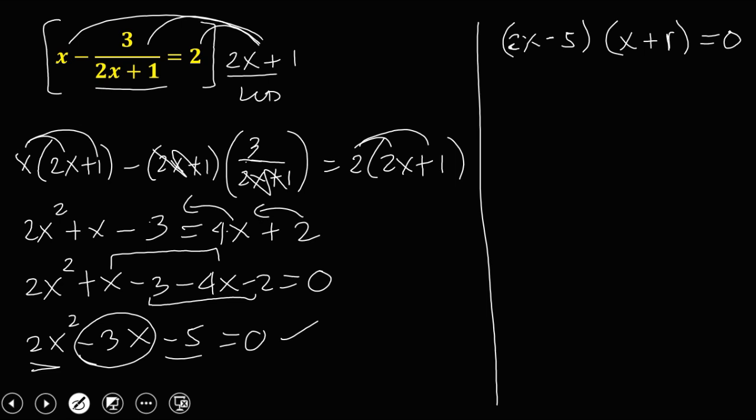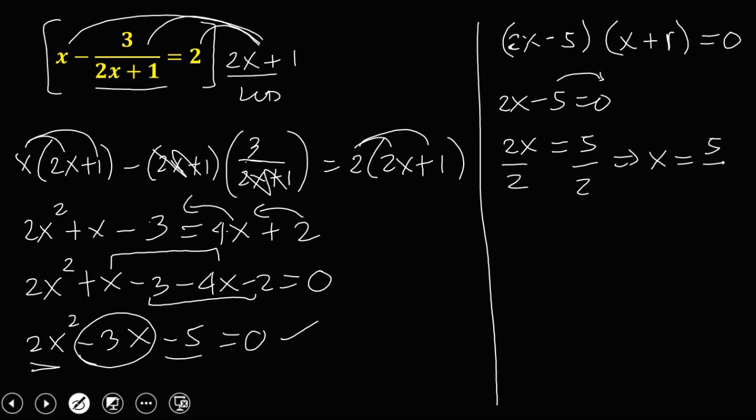Then equate these two factors to 0. So we have 2x minus 5 equals 0. To solve for x, 2x, transpose negative 5, positive 5, then divide by 2. So x is equal to 5 over 2.